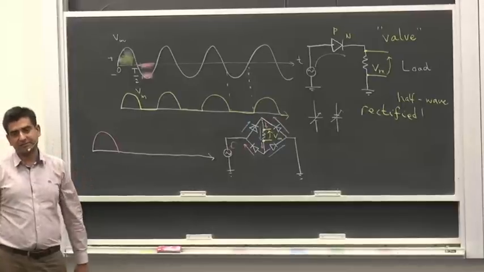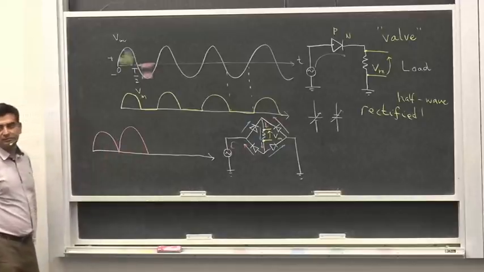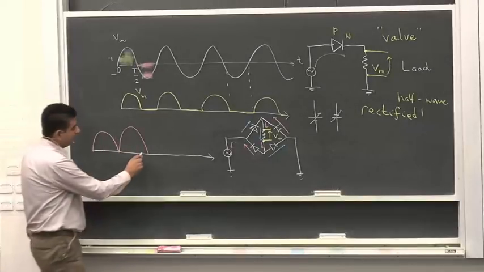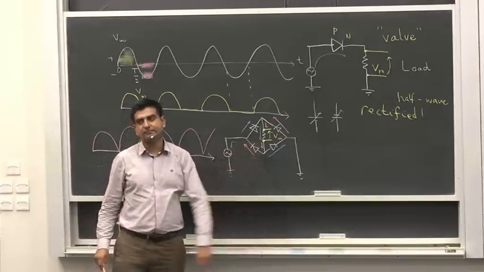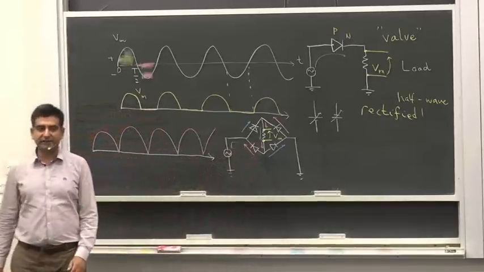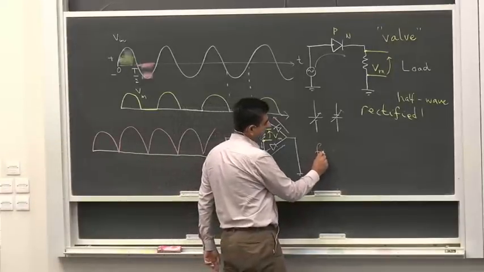Through the resistor, and it's flowing in the same direction. So I get a multi-humped output across this load resistor. This is what you observed in the demonstration the other day. So this is called a full wave rectifier.